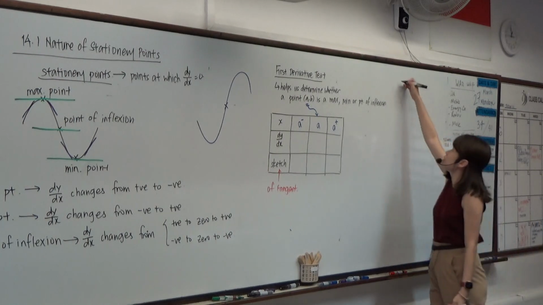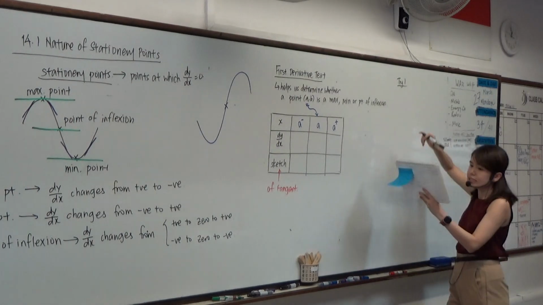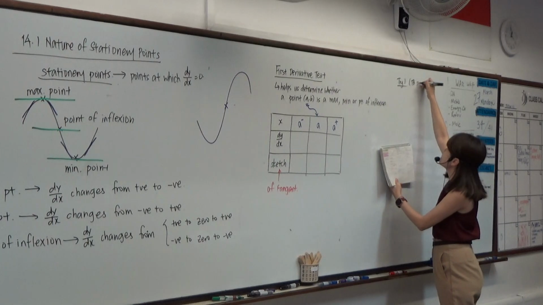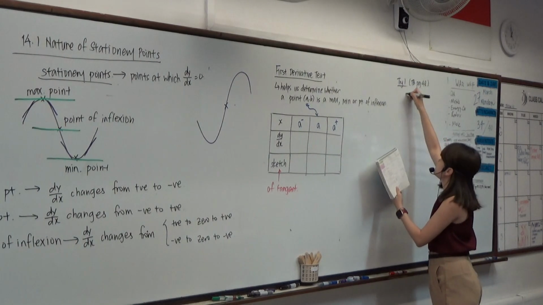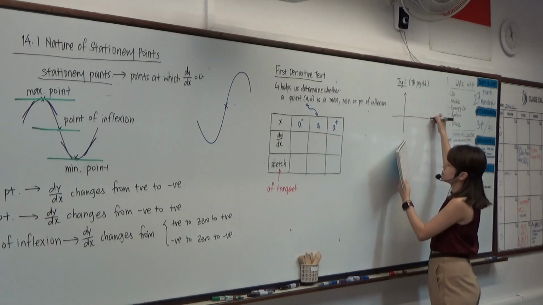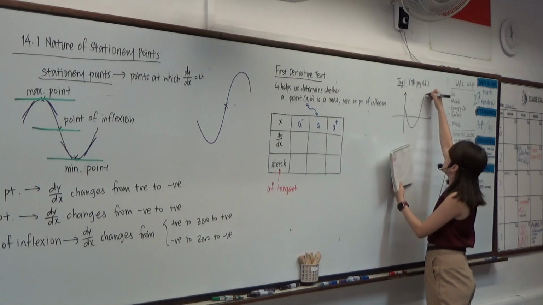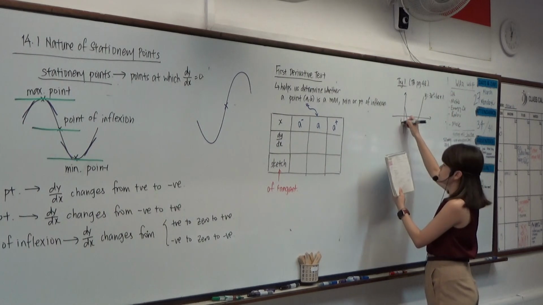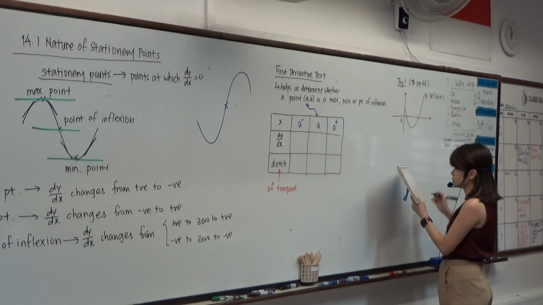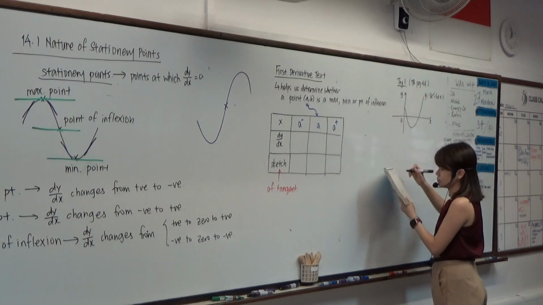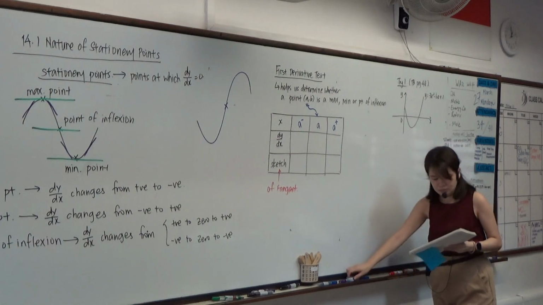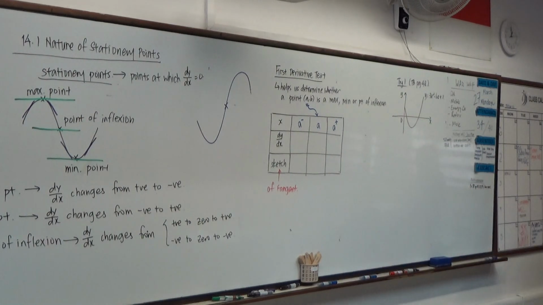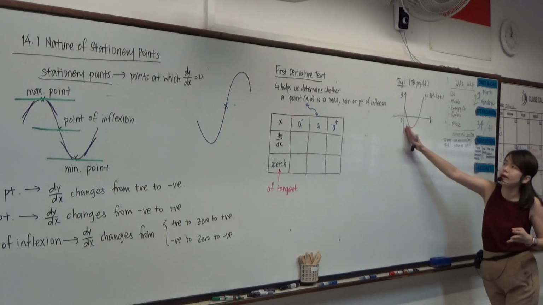Let's start off with an example, textbook page 48. In try 1, you're given this graph for this function when x is more than 0.